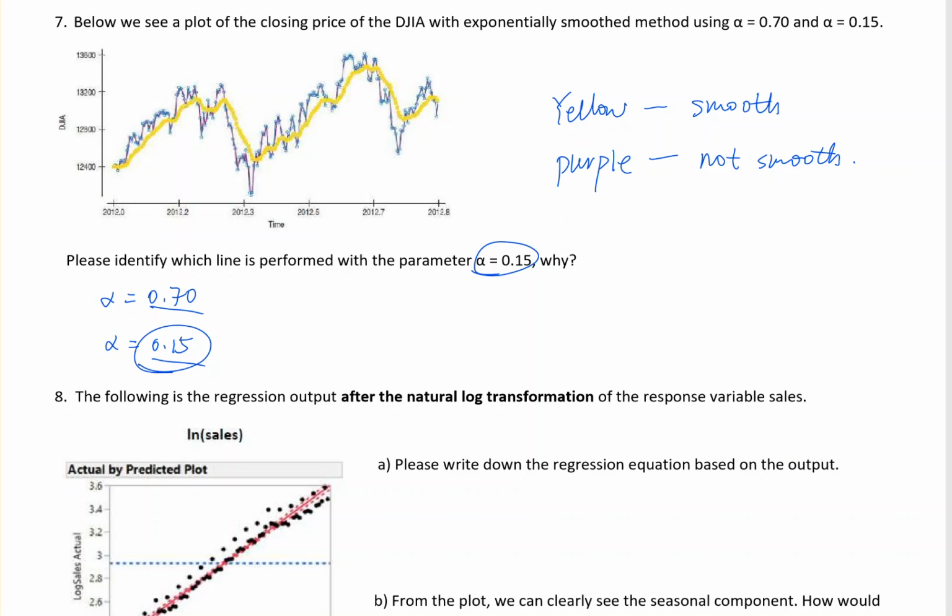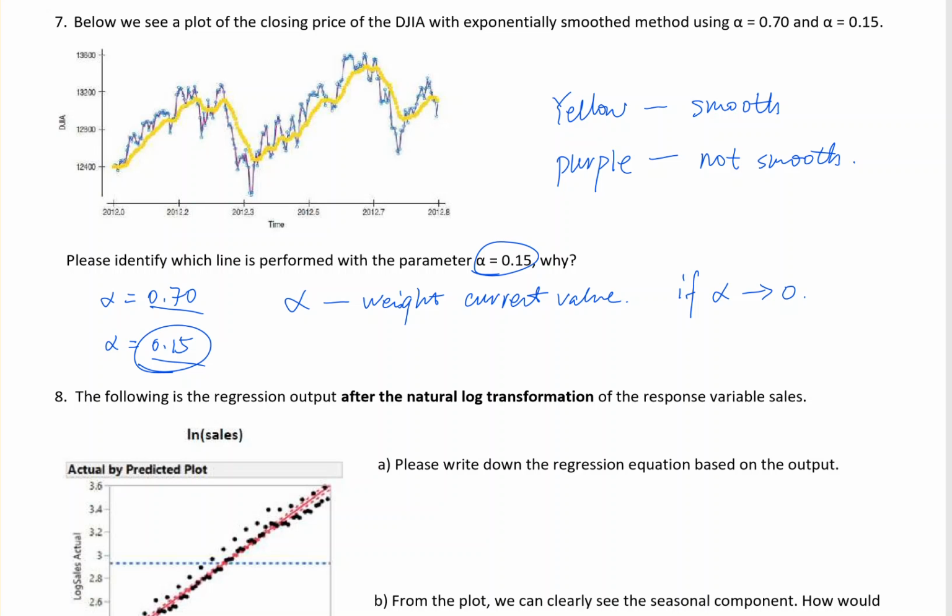Remember, alpha is the weight assigned to the current value. If alpha is closer to 0, that means the current value is not important, and the previous estimated values are important.